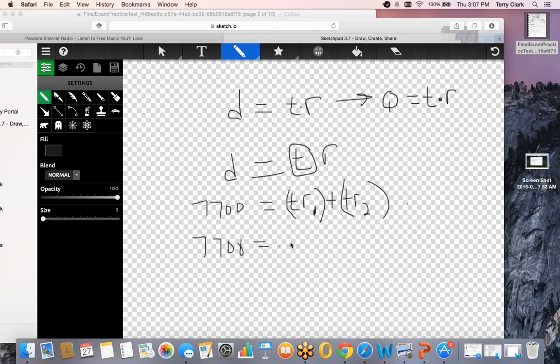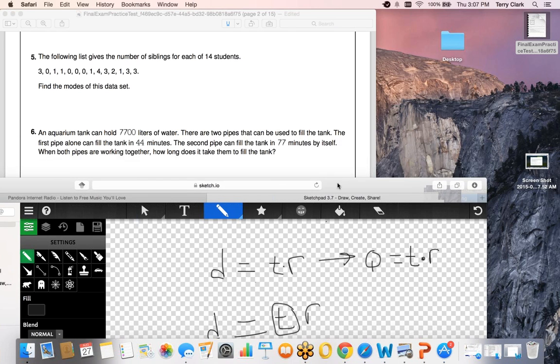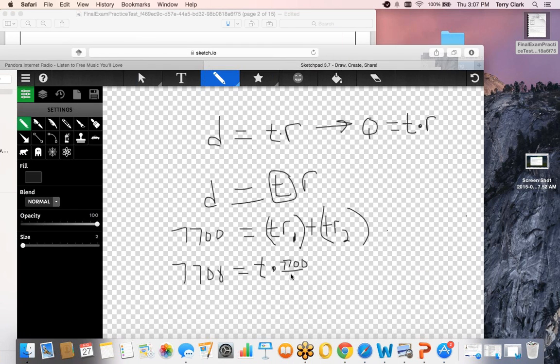You know how much it can pump out in 1 minute. So I'm going to take 7,700 and divide it by 44. And then that's going to tell me what's going to happen in 1 minute. So indirectly they're giving me the information to figure out what that rate is.